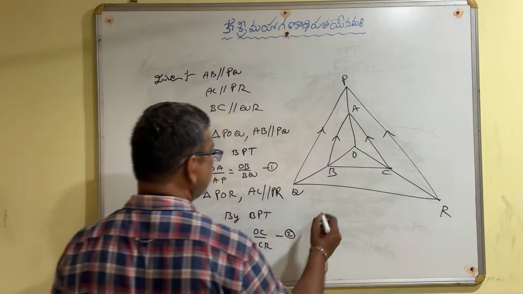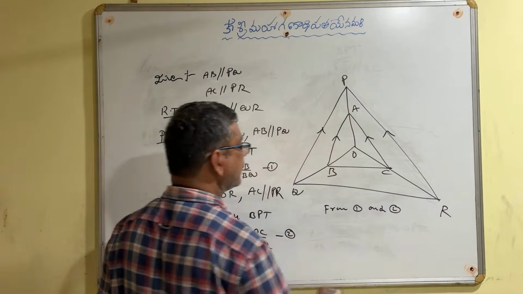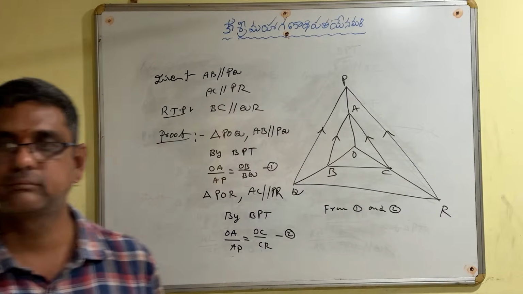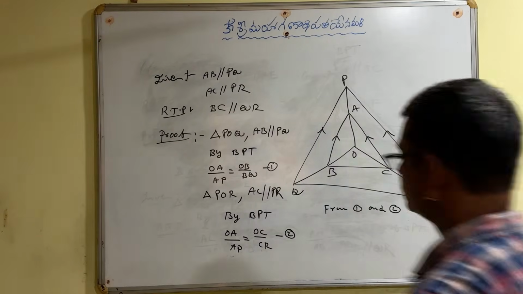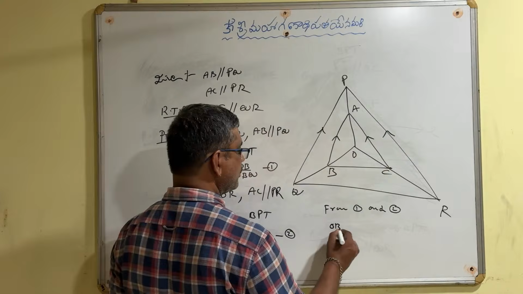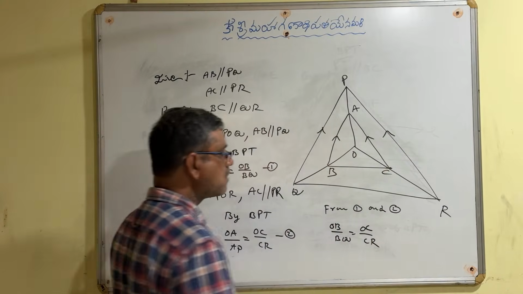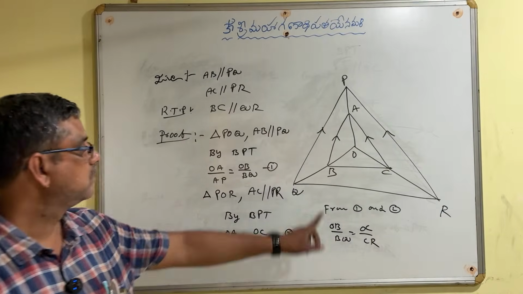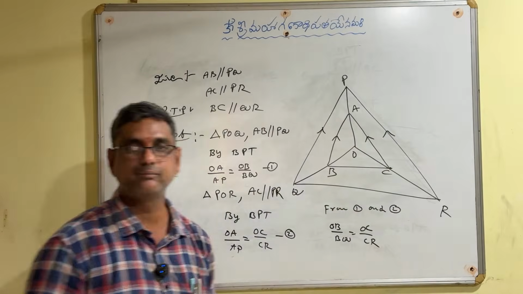Now, from 1 and 2, what can we write? OB by BQ is equal to OC by CR.